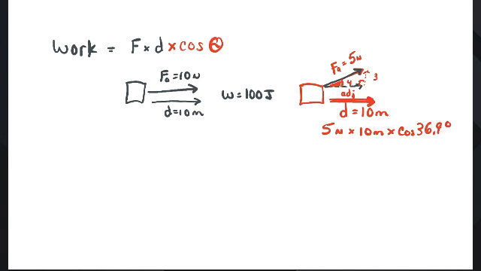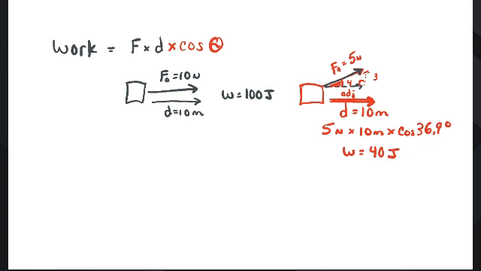That's about the right angle for that, I believe. So if we put that into the calculator, you have 5 times 10 times cosine of 36.9, and we have only a small amount of work done right here. Our work done would only be roughly, I'm going to round it off, 40 joules.